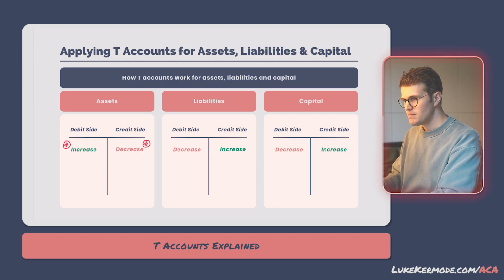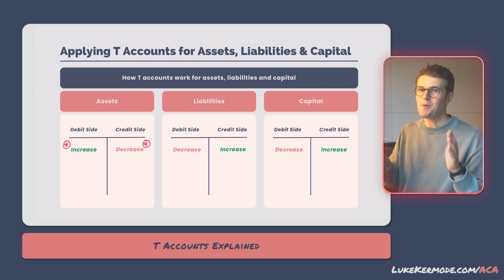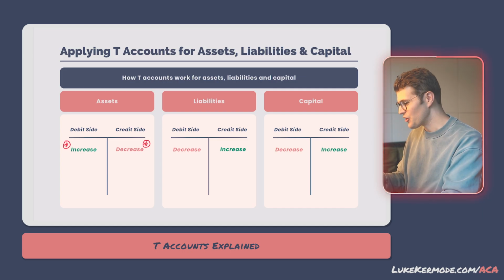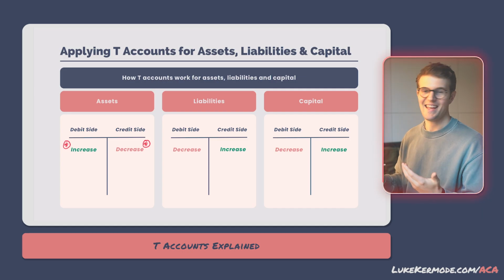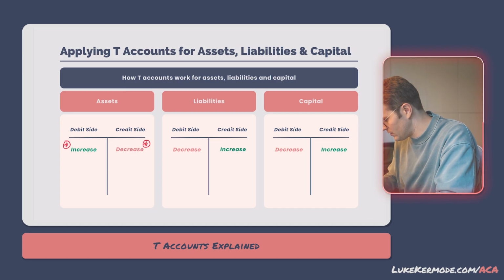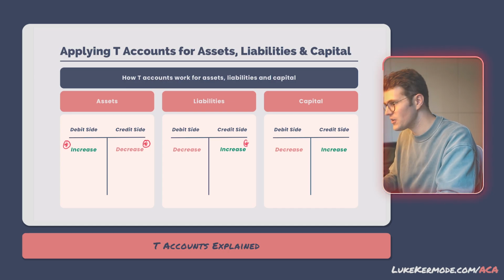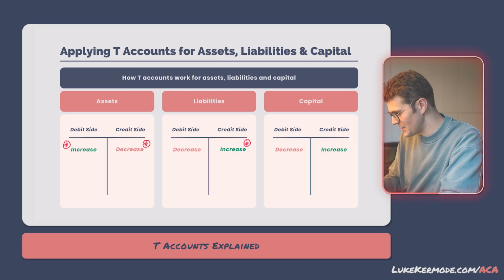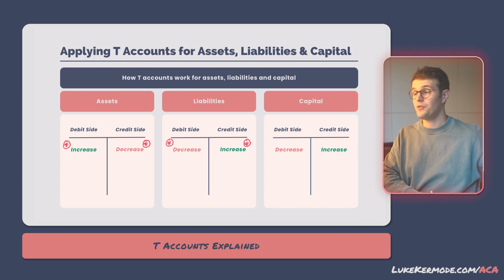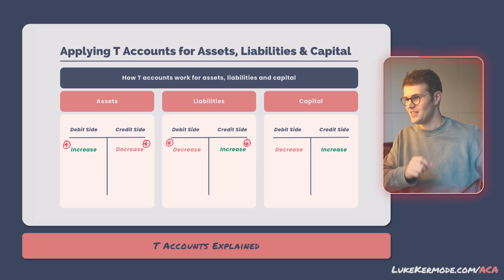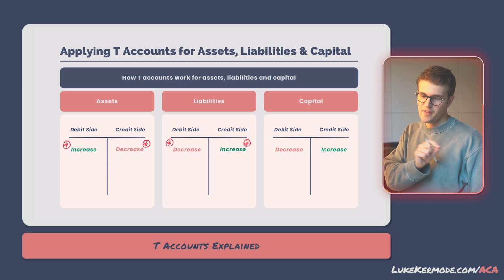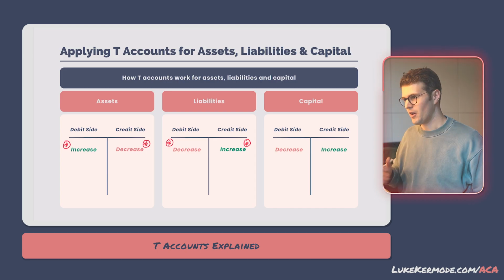Let's look at liabilities. These work in the complete opposite way to assets. An increase in a liability, like a business taking out a loan, is recorded on the credit side, whereas a decrease in a liability, such as repaying a supplier amount owed, is recorded on the debit side. And the exact same logic that applies to liabilities also applies to capital.